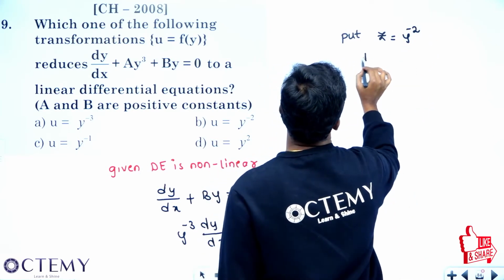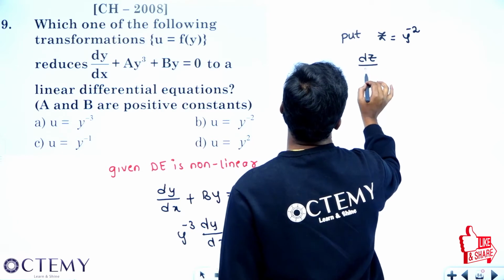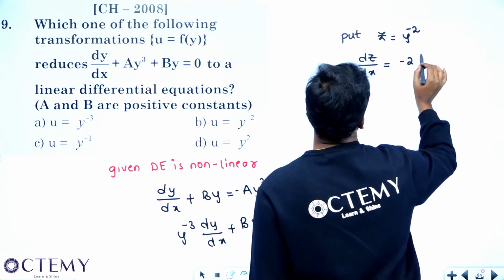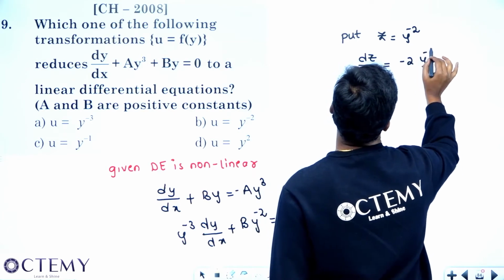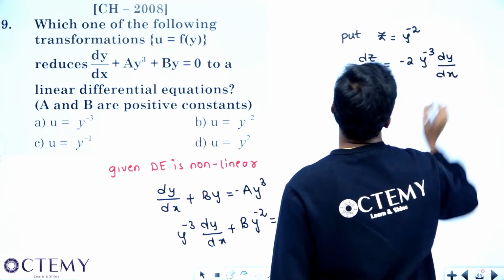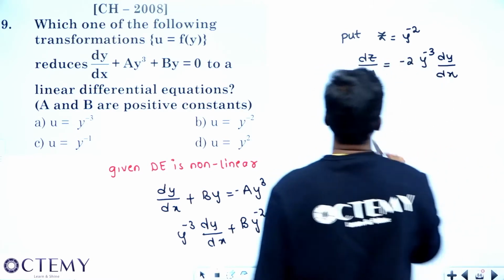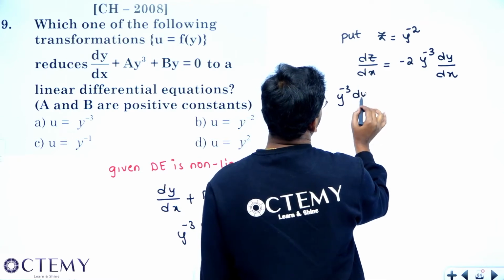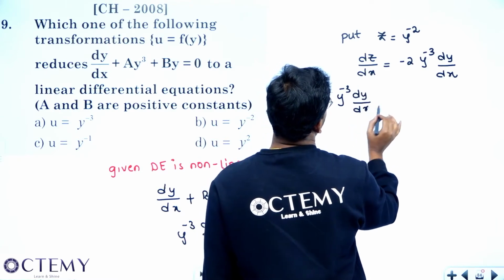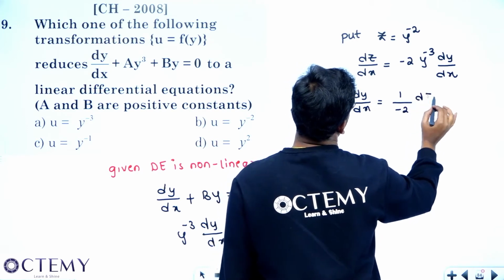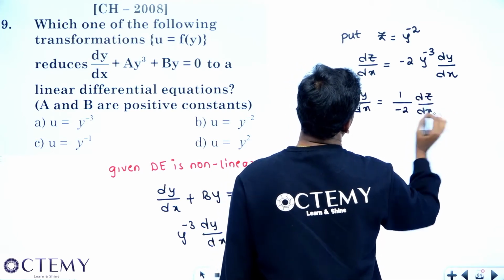Then dz/dx will become minus 2 into y to the power minus 3 dy/dx. That means I can replace y to the power minus 3 dy/dx with 1 by minus 2 dz/dx.